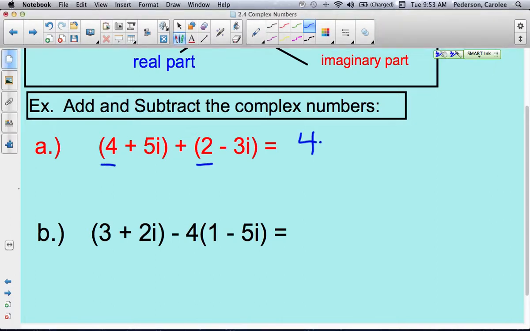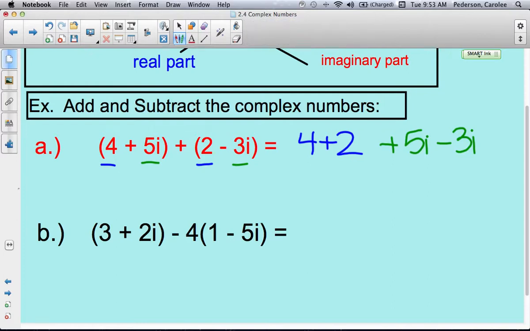So I'm just going to kind of put them next to each other. And then I have my imaginary parts, 5i and negative 3i. And now I combine those terms. So 4 plus 2 is 6. And then 5i minus 3i is 2i.